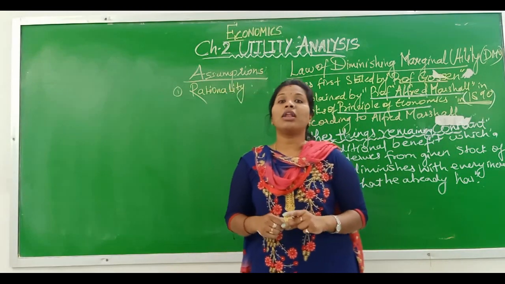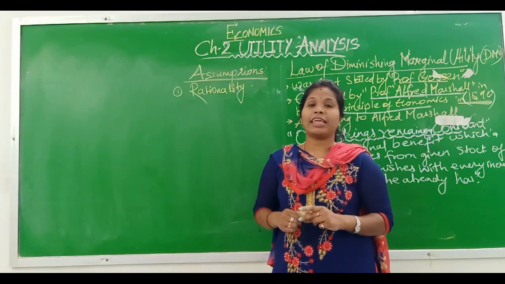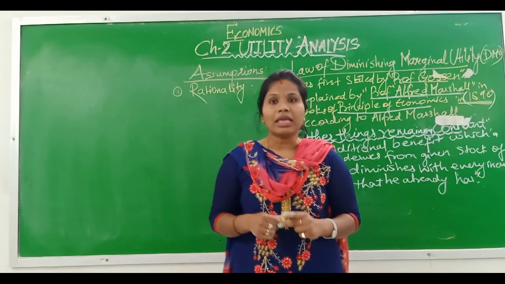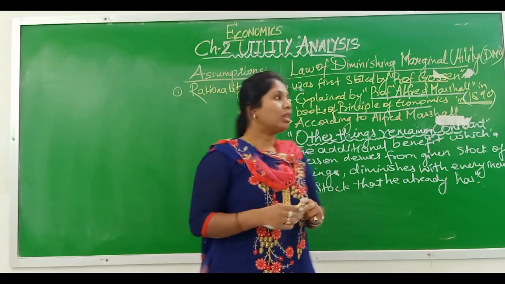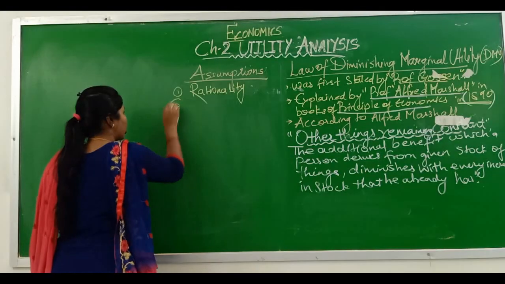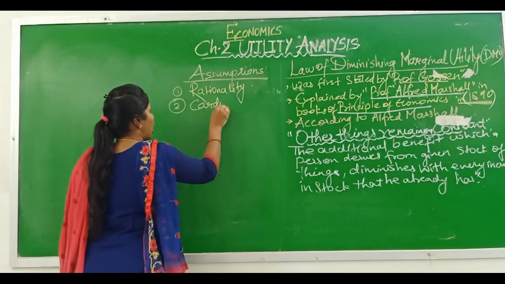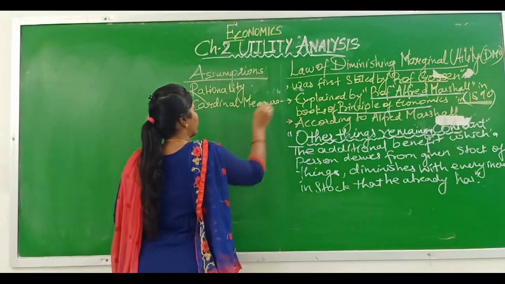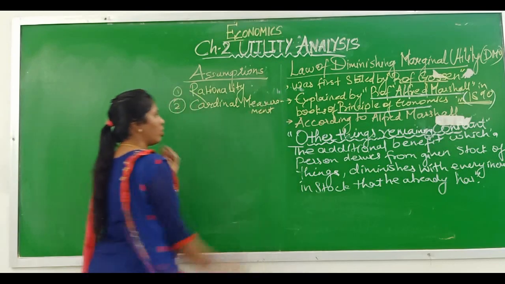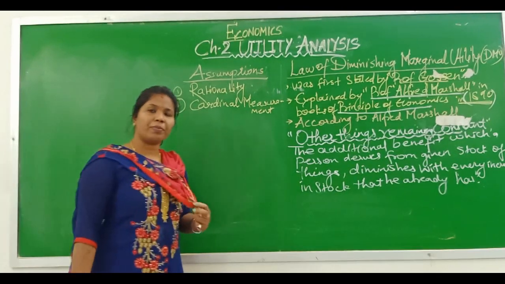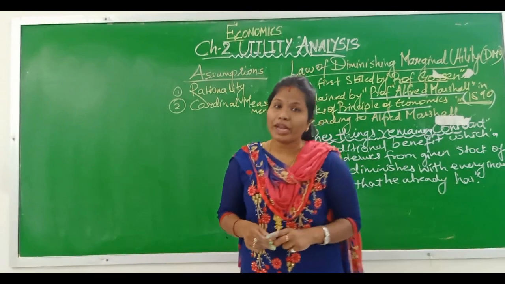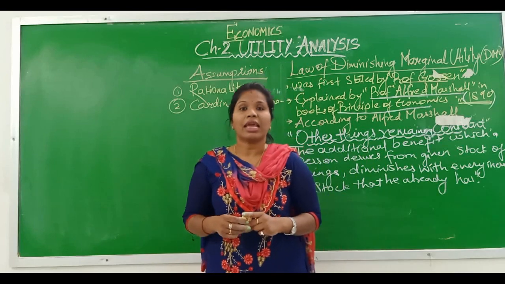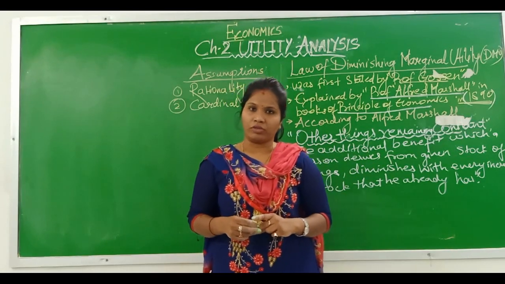Rationality means a normal person who can give a proper utility after the consumption. The second one is cardinal measurement. What does cardinal measurement mean? Whatever commodity the consumer is consuming, he should state in numbers or figures.